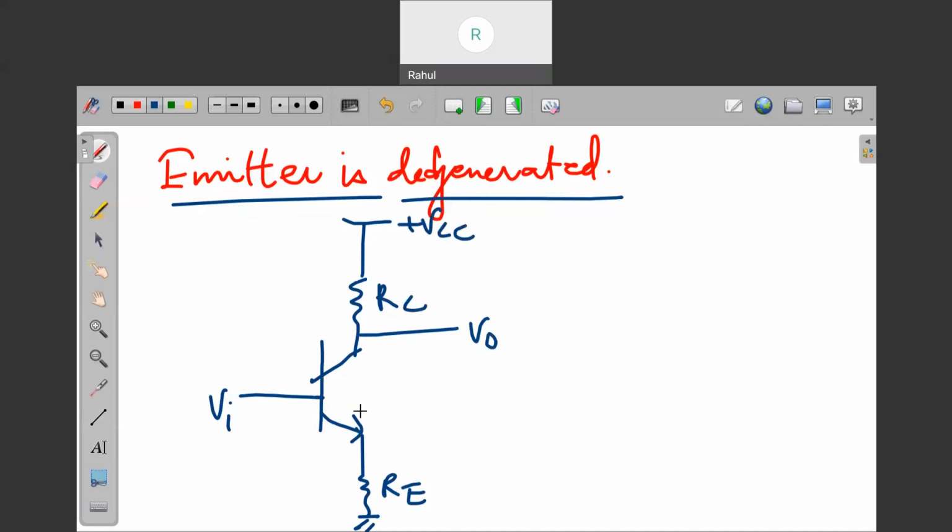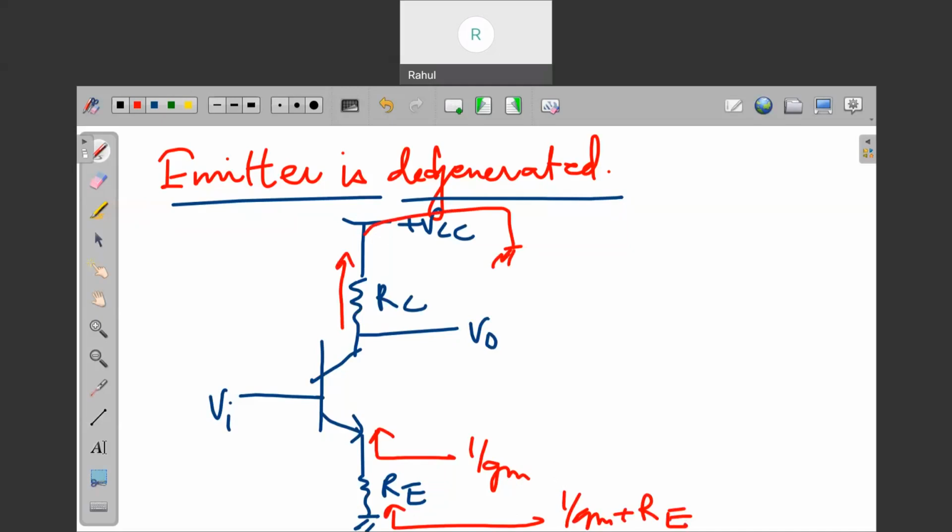If someone is asking what is the gain of this transistor, directly you can write: if you look from the emitter terminal, you will get 1 by GM. If you look from here, you will get 1 by GM plus RE. And if you look from here to the ground, because the DC supply will be grounded, and here there is no RB, your base is not degenerated, remember.